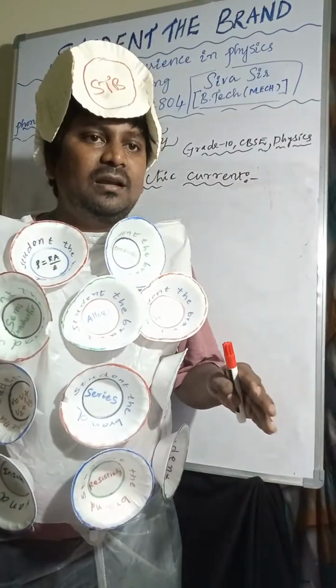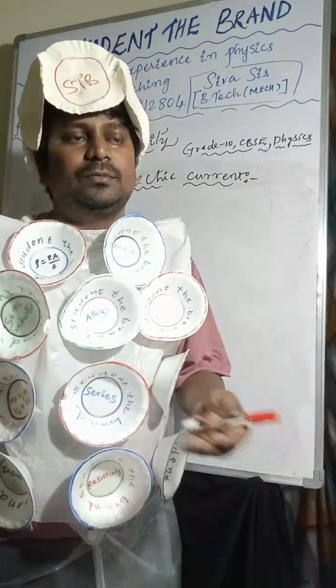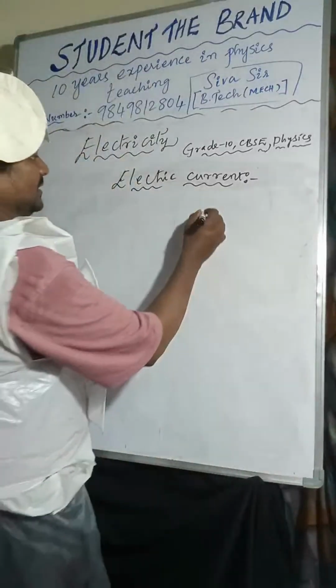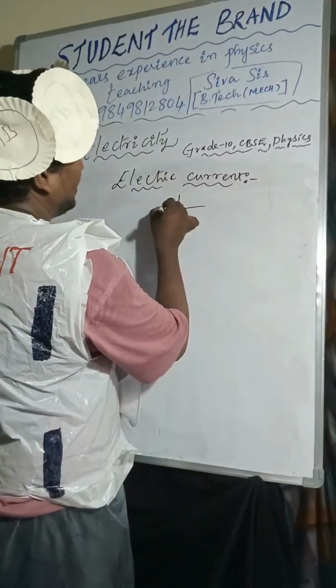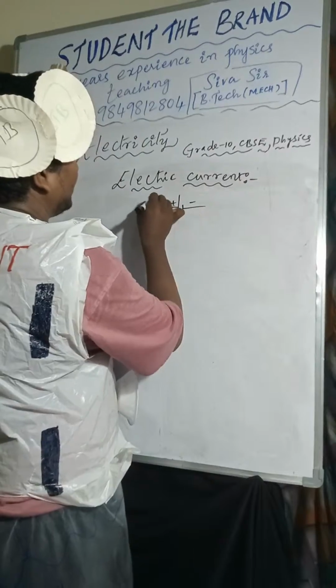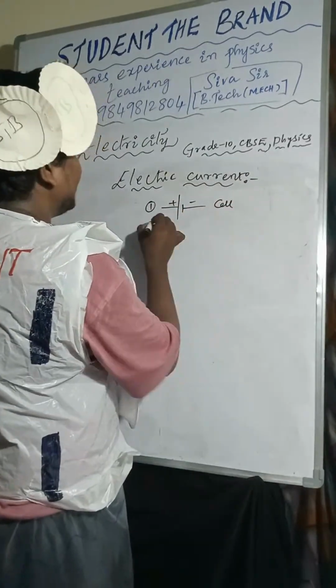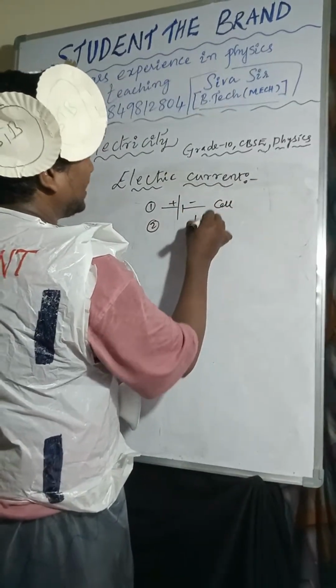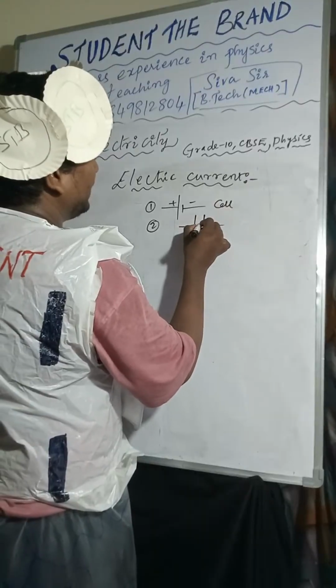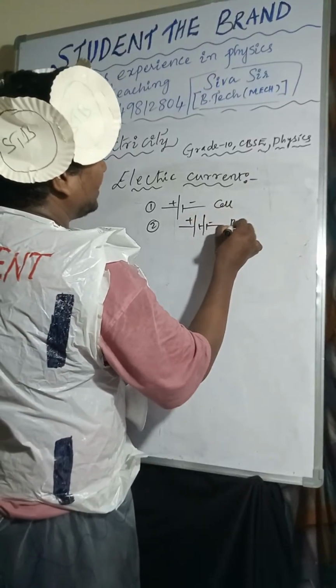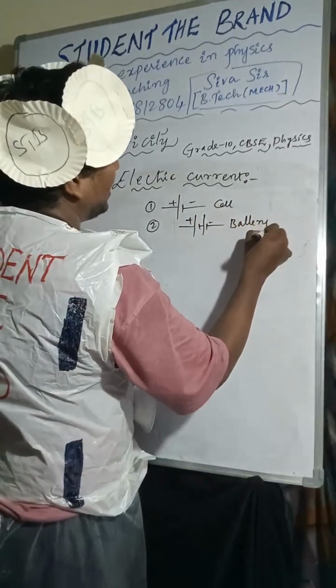What are the electrical appliances? Positive, negative. This is the cell, with a positive terminal and a negative terminal. First one is cell. Second one is battery, with positive and negative. This is a battery.